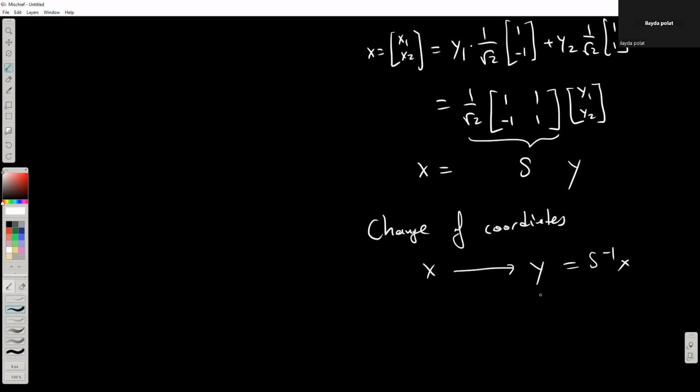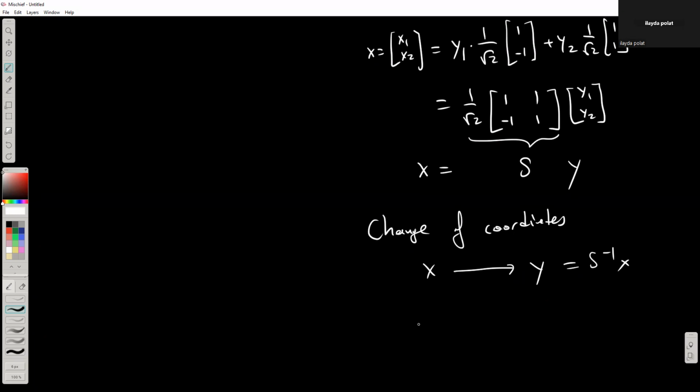So in that case, I have chosen my coordinates to be the coordinates along these invariant subspaces. And I have somehow identified how I can make this transformation from my old coordinates to the new coordinates. So it turns out that these are the normal mode coordinates.